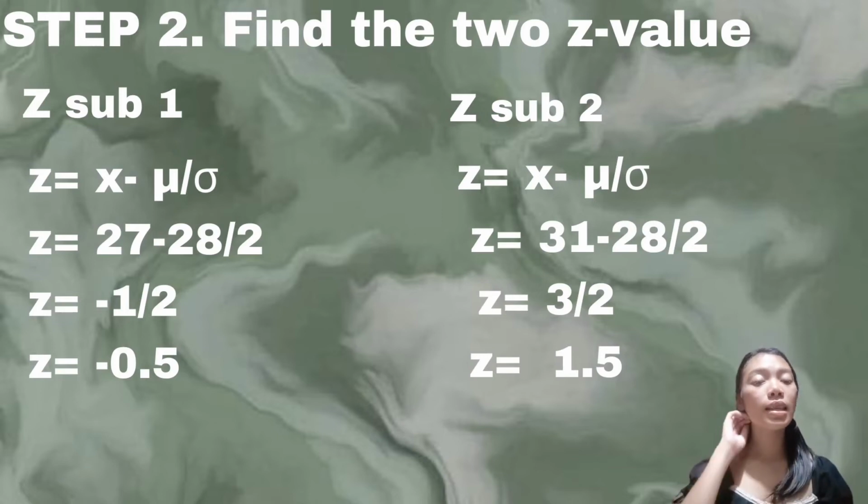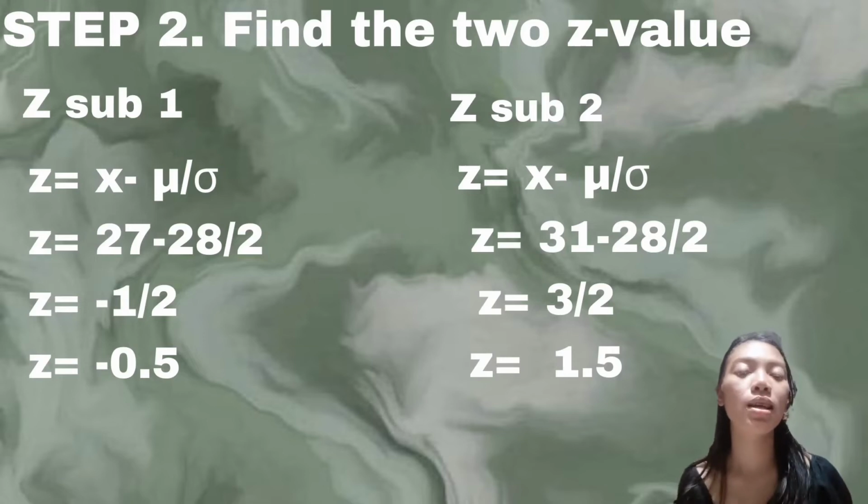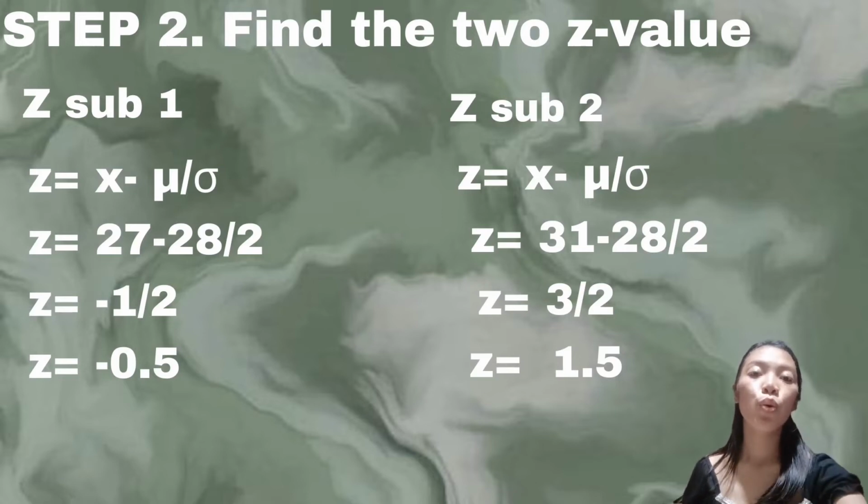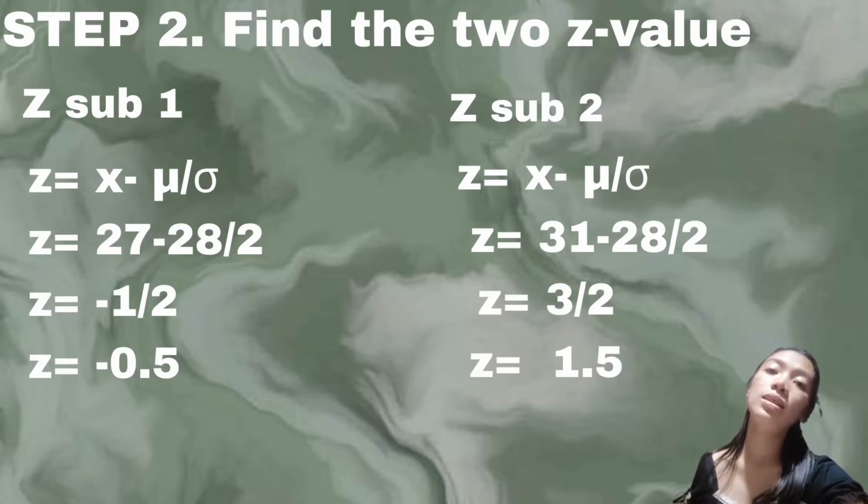We can see on the screen, class, the results for z sub 1 and z sub 2. So, z sub 1 is equal to negative 0.5, and z sub 2 is 1.5. It is the same steps, class, as how we did it in example number 1.